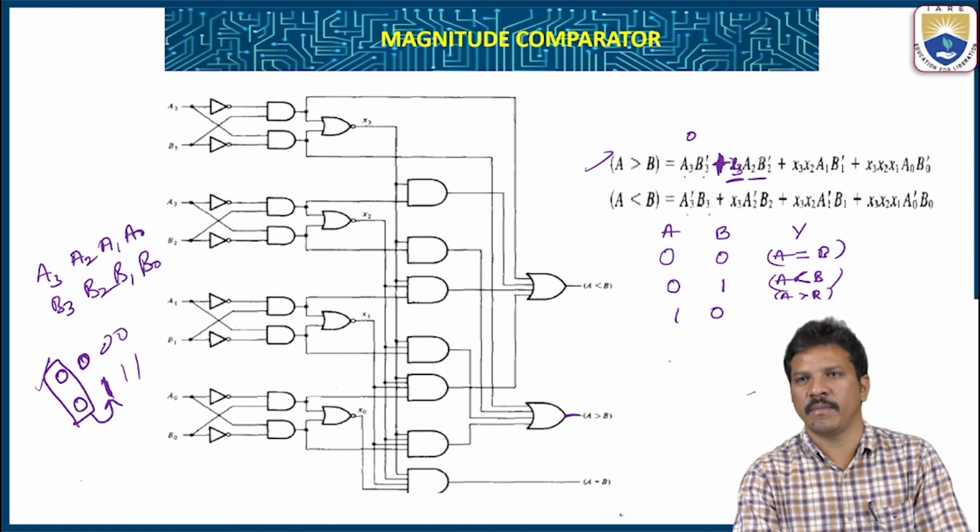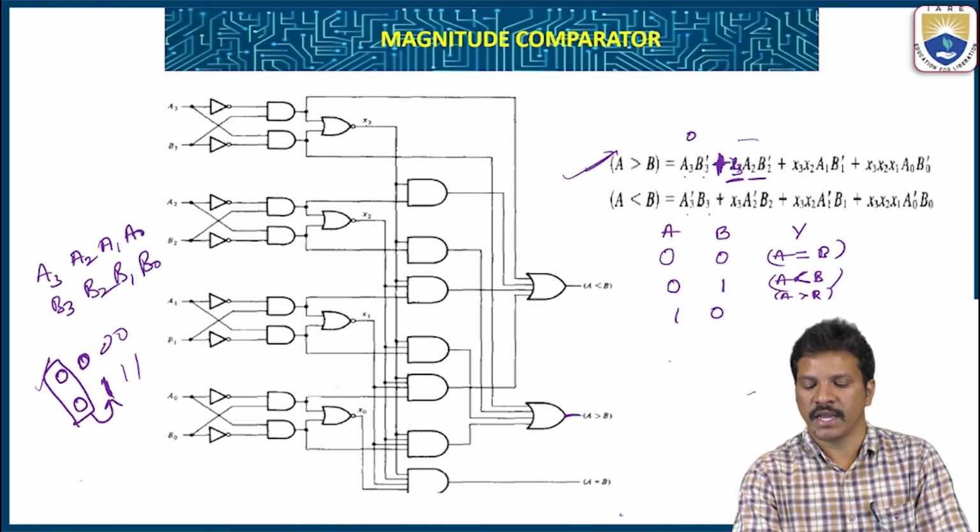A2 uncomplemented means that it is high. Suppose the second bits A2 and B2 are also the same, then check with the next one: x3, x2 are the same, then check with A1 B1 bar.